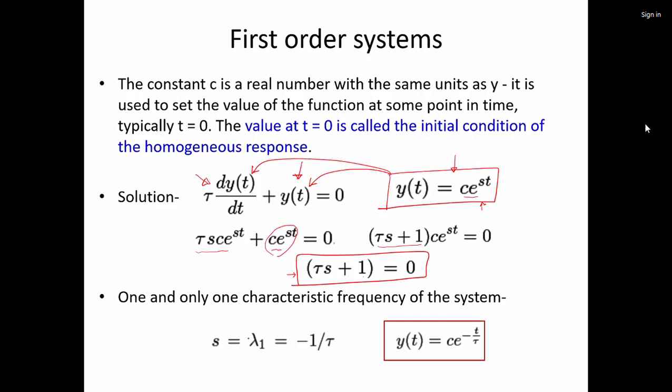Now for this to be valid, your s has to be equal to minus 1 over tau. So basically now the solution y(t) is c into e to the power, your frequency which you have now found out to be minus 1 over tau. So this is e to the power minus t over tau. So this is the solution to the first order equation.